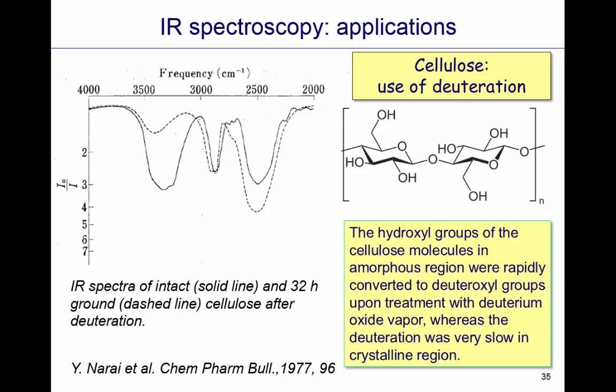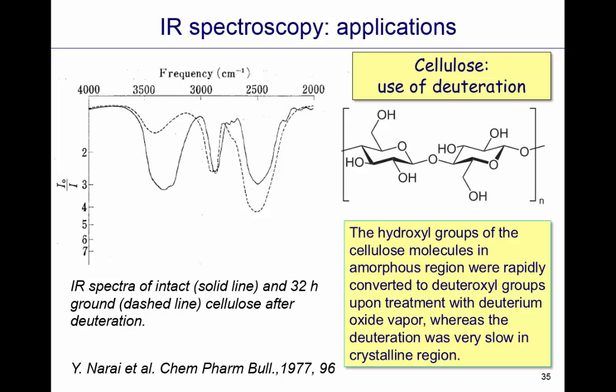After that, I exposed them to a vapor of D2O. So the question I wanted you to think about was: what is the origin of all these lines? Why are these lines here, and what do they represent?